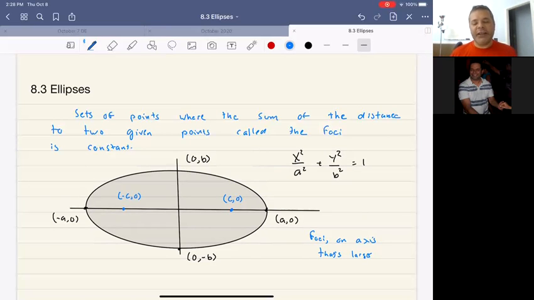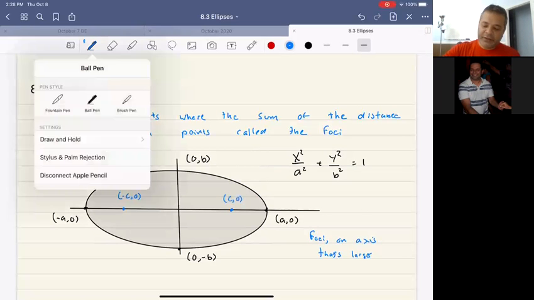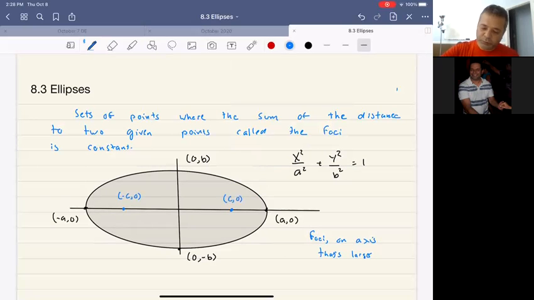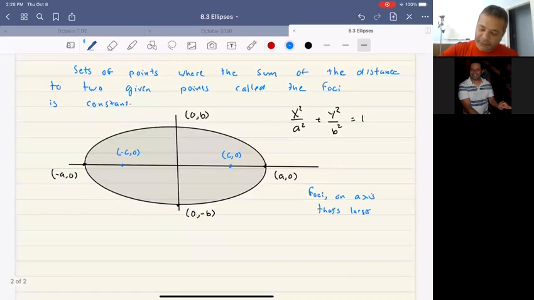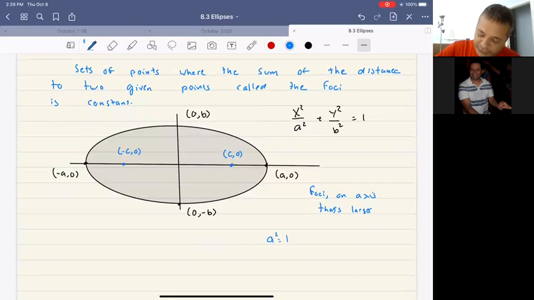Okay, and we're actually going to have that a squared equals b squared plus c squared. Now the way that I remember the order is I remember which number of these should be the biggest. A should be the biggest number here, okay? C is less than A, as you can see, right? C is between 0 and A, so C is less than A. So A should be the biggest, so that's the one that's going to be on its own, and then you just have the b squared.